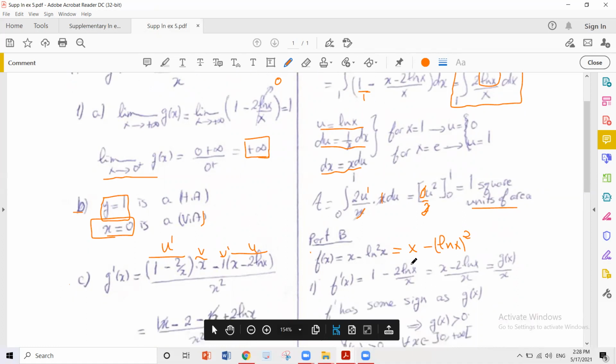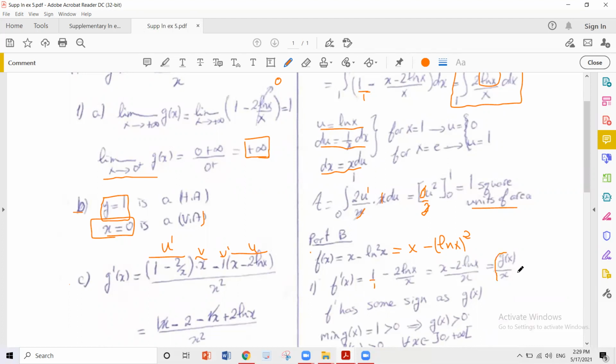F prime x equals 1 minus, the derivative of the power: the power comes down, 2 ln x times the derivative of ln x, which is 1 over x. The LCM is x. We get x minus 2 ln x over x, which equals gx over x.